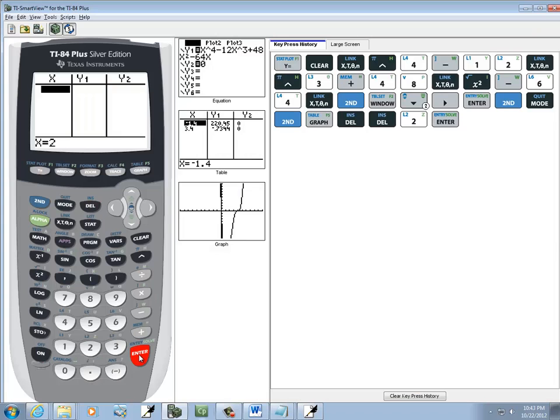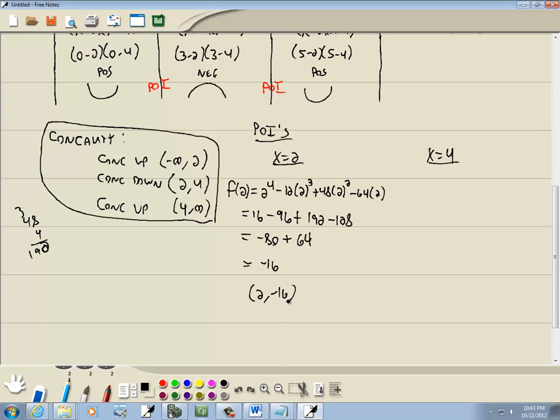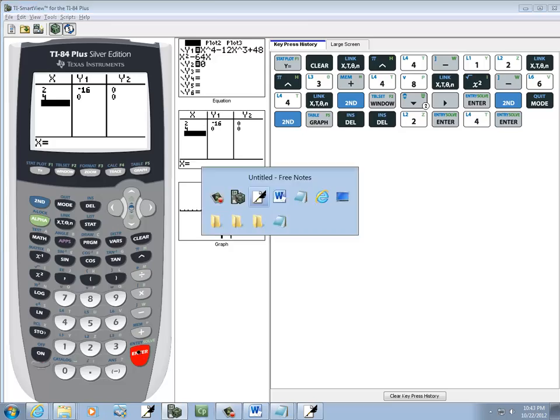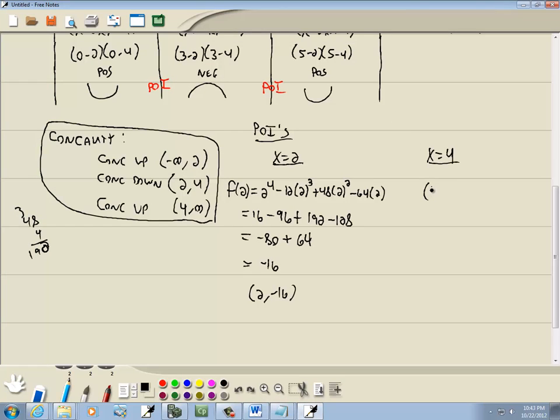If I put 2 in and press enter, I get negative 16. That's correct. If I put, what's my other one? 4. If I put 4 in and press enter, 0. That's weird. I believe it, but 4, 0. So that's our point of inflection, and this is our point of inflection.